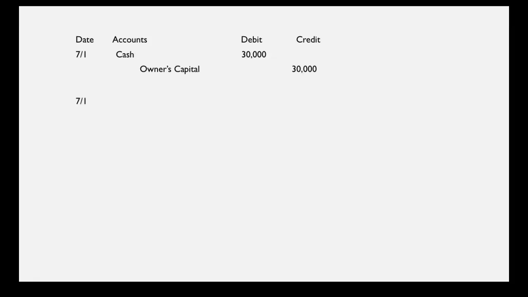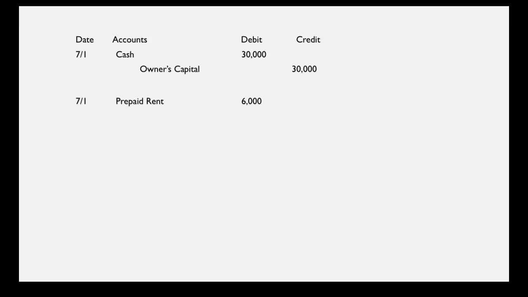Now we have another transaction here on July 1st. We signed an office space rental agreement paying $6,000 for 6 months of office space. So since we are paying in advance for multiple months of rent, we call that prepaid rent. Prepaid rent, just like cash was, is an asset.